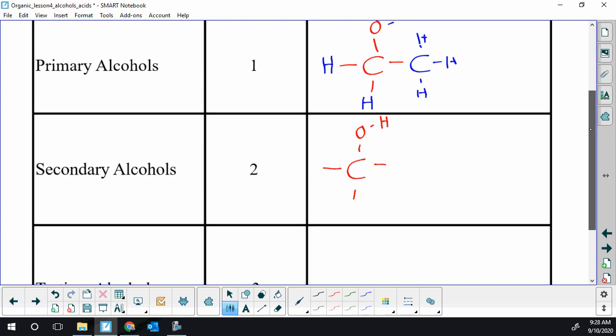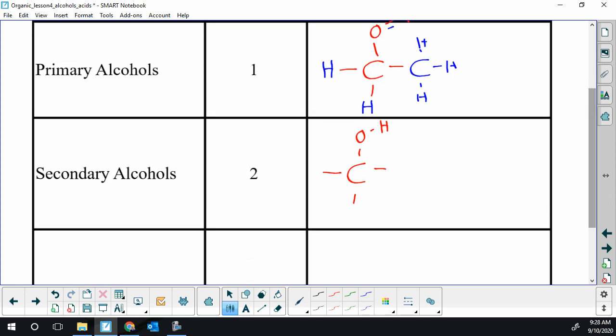Okay. Secondary alcohols, we now have 2 of the 3 potential connections being carbons. We're starting to block up that red carbon. And these react a lot slower.